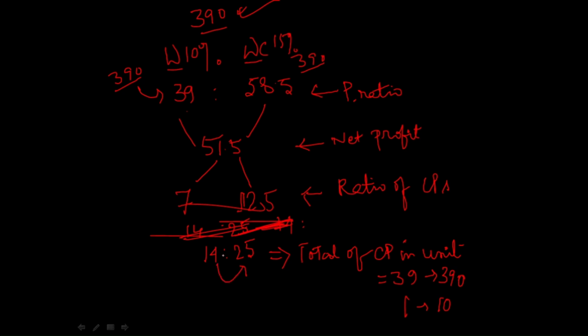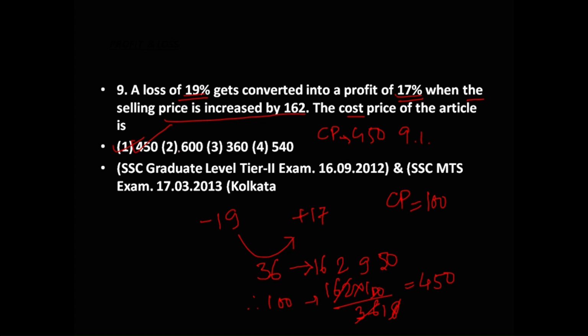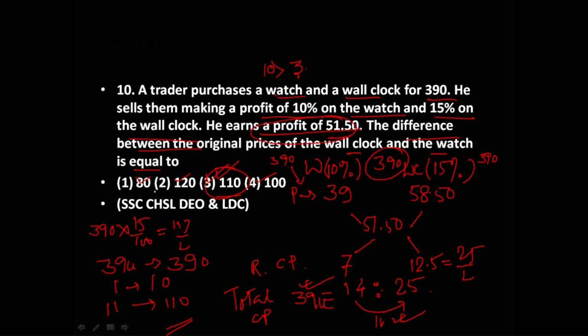What is the difference? The question is the difference between the CPs, right? So the difference in ratio is 11. So 1 equals 10, so 11 is equivalent to 110. So 110 will be the answer. Otherwise, you can check it by option testing.